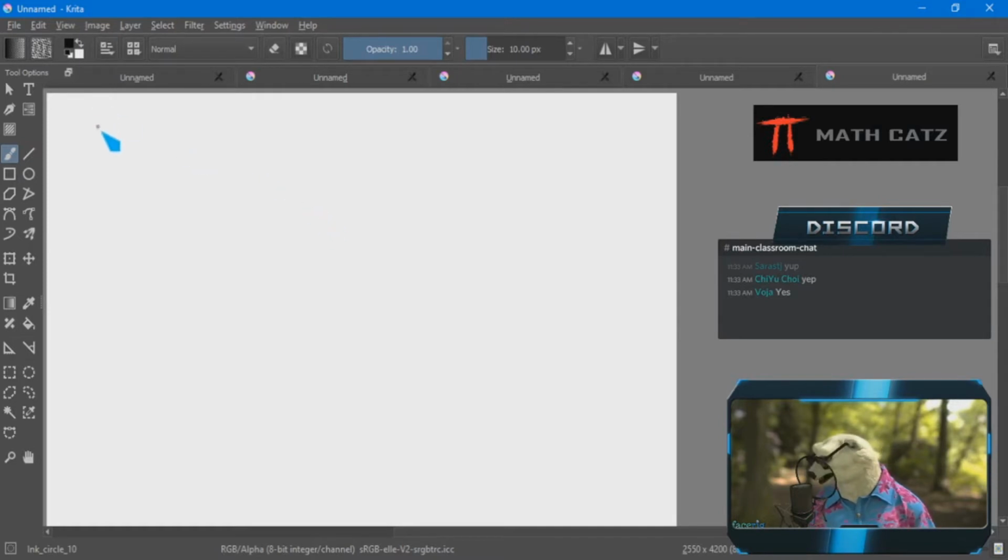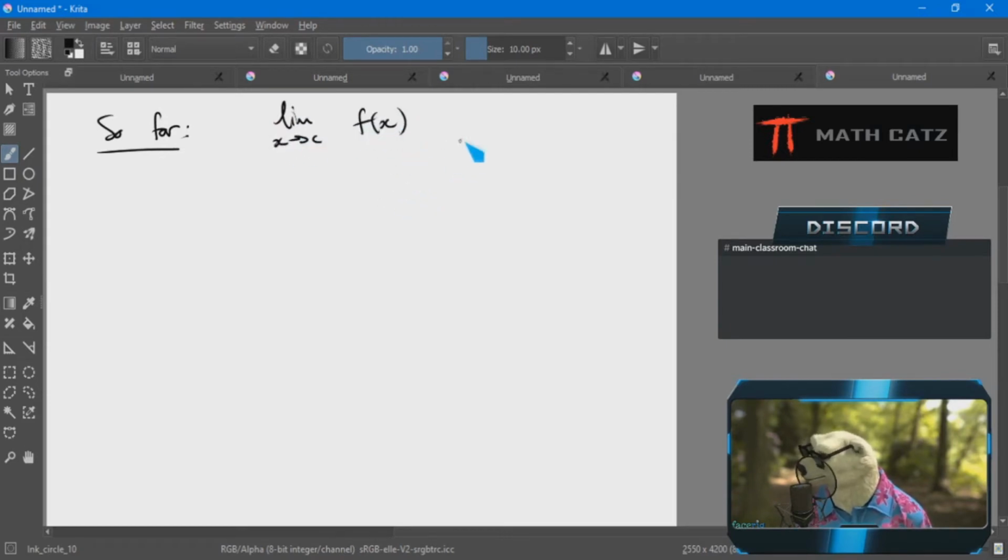So far, I have learned that when I have a limit, there are certain ways I should look at it, certain things I hope for. x goes to c, I have some function, and I'm trying to figure out, does this limit exist? If so, what is the limit value?